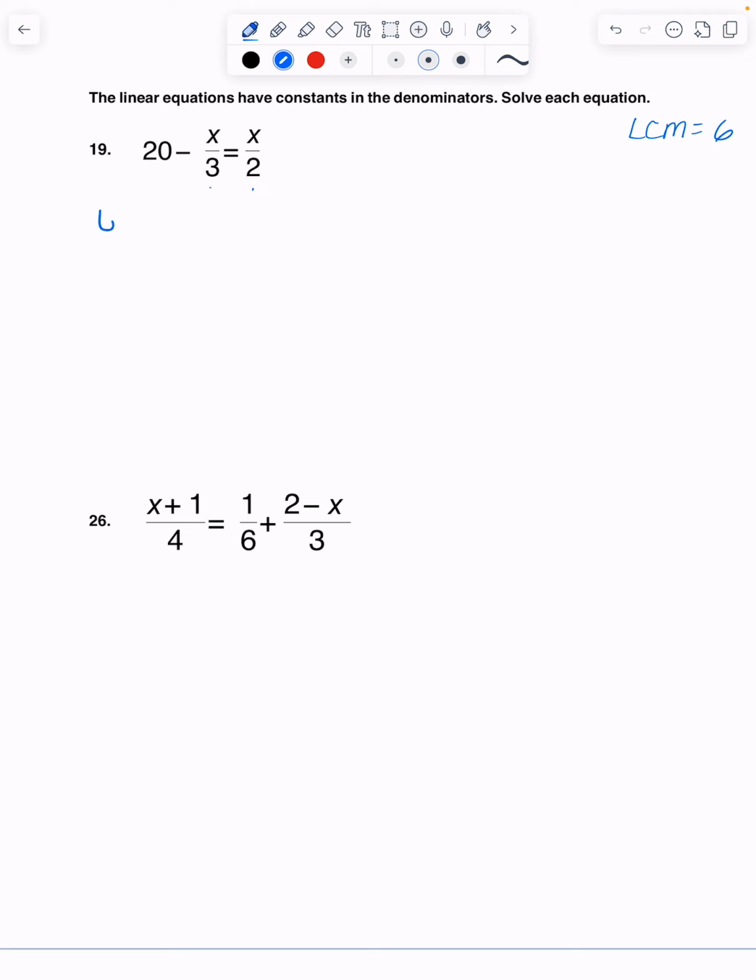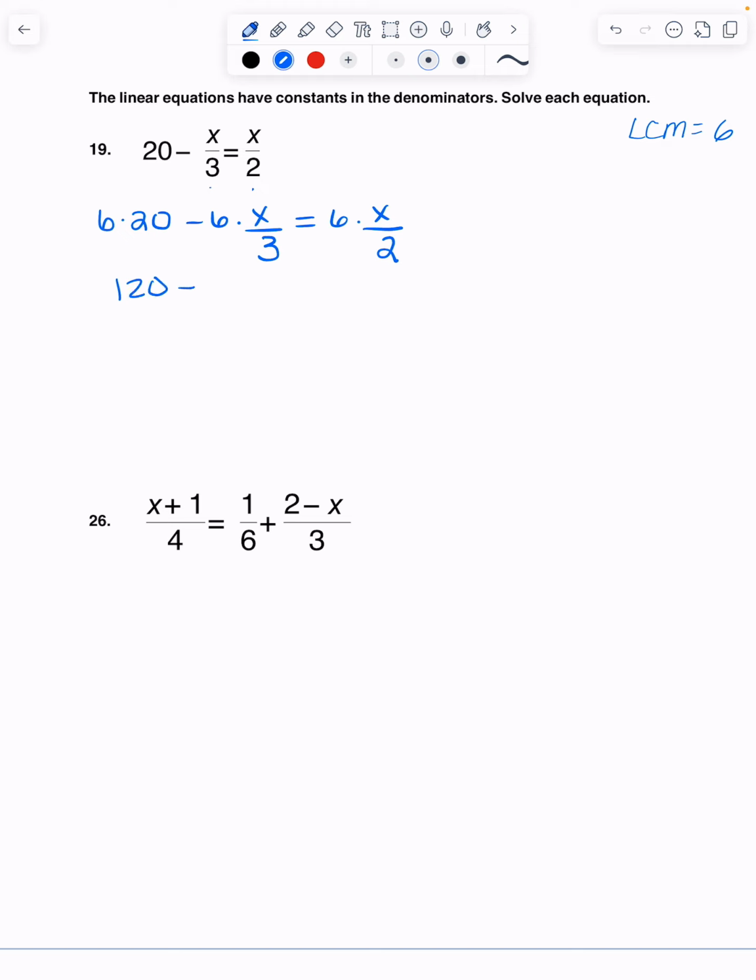So that means whether the term is a fraction or not, I'm going to multiply it by it. The trick with that is when you multiply by the least common multiple, it's going to get rid of all the fractions. So 6 times 20 is 120.